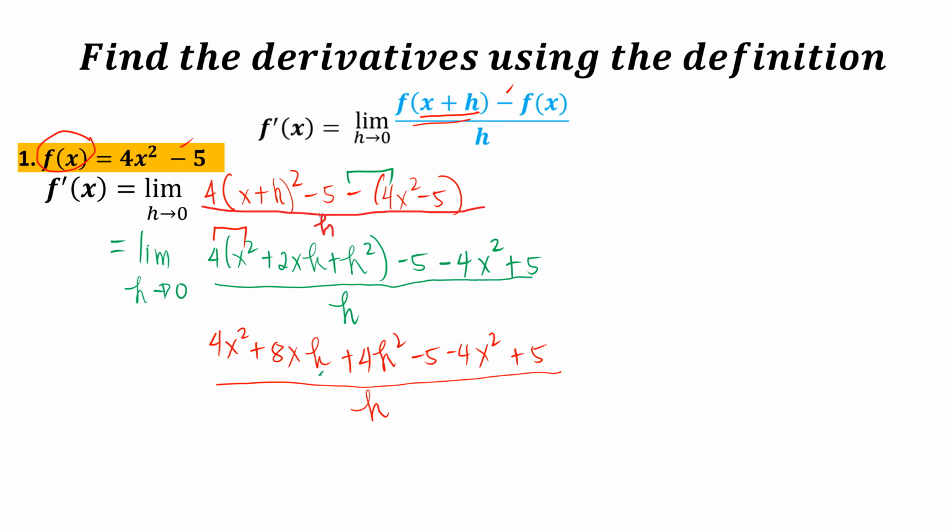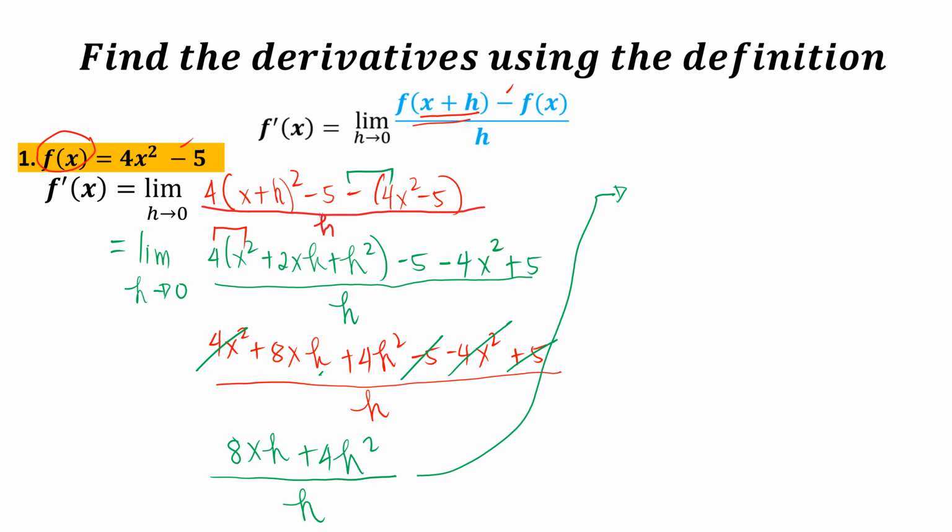Now let's proceed to combining like terms. The 4x squared and the negative 4x squared will sum up to 0. The negative 5 and the positive 5 will also give you a sum of 0. Thus the remaining terms are the 8xh plus 4h squared over the denominator h.